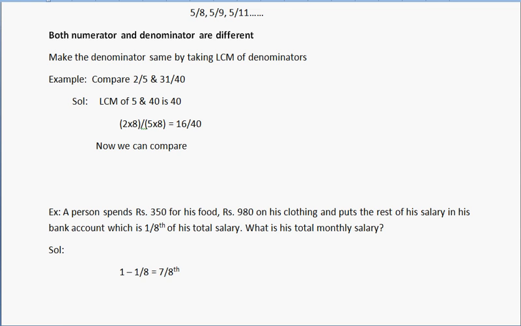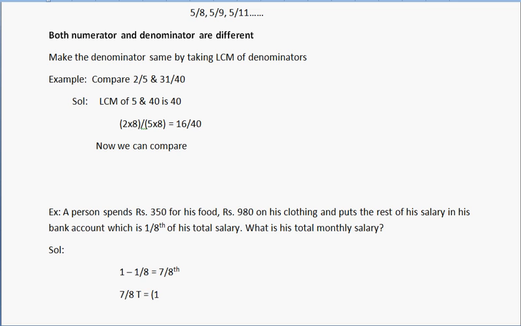So 7/8 of his total salary would be equal to what he has spent on food and clothing. So 7/8 of the total salary, let's say total salary is T. So 7 by 8 of T he has spent, and what he has spent is 350 plus 980, right, which is equal to 1330.